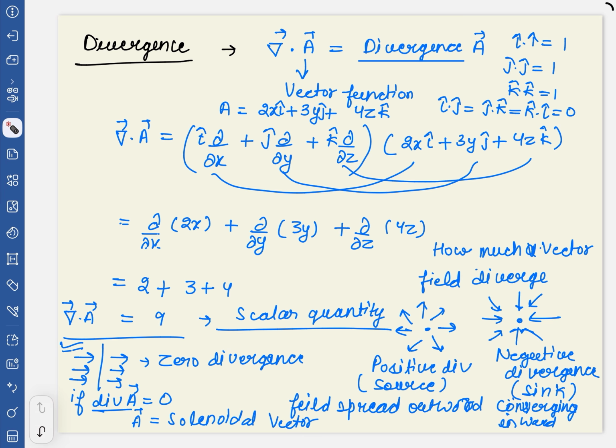And if the inward field is equal to outgoing field, it is known as zero divergence. So the physical significance of divergence is flux, and it gives the scalar quantity, means how much field is coming and how much field is going outside. And if the divergence of A is 0, means there is no net field coming and going outside, and here the vector A is known as solenoidal vector.